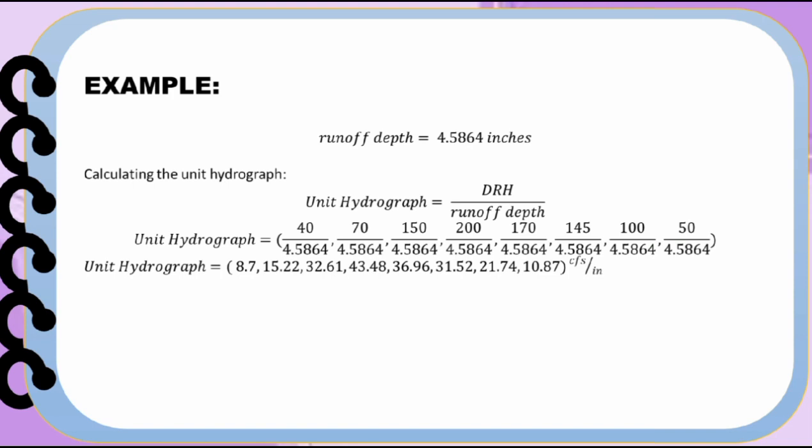So we now have the unit hydrograph of 8.7, 15.22, 32.61, 43.48, 36.96, 31.52, 21.74, and 10.87 CFS per inch. And that's how you get the unit hydrograph.